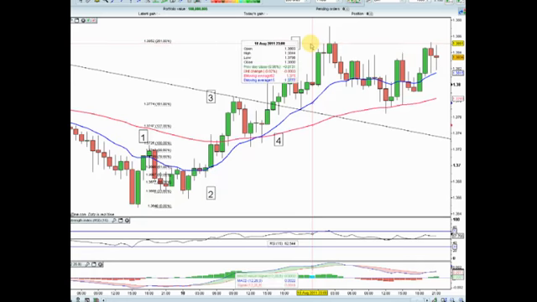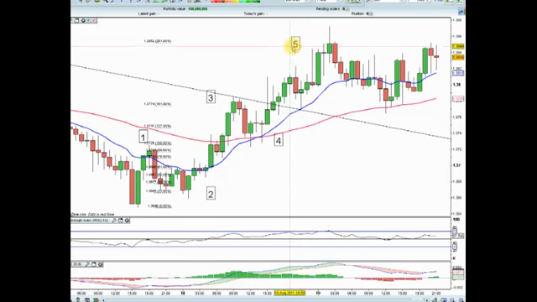Now, I also said earlier that I wasn't a strict Elliott Wave follower, should I say. The reason is that Elliott Wave theorists would say this count is invalidated, because of this 4th wave, this corrective wave. Let's just see the low of this candle.